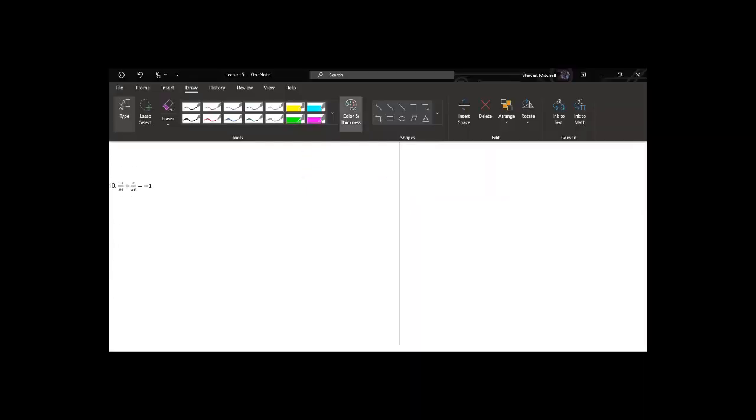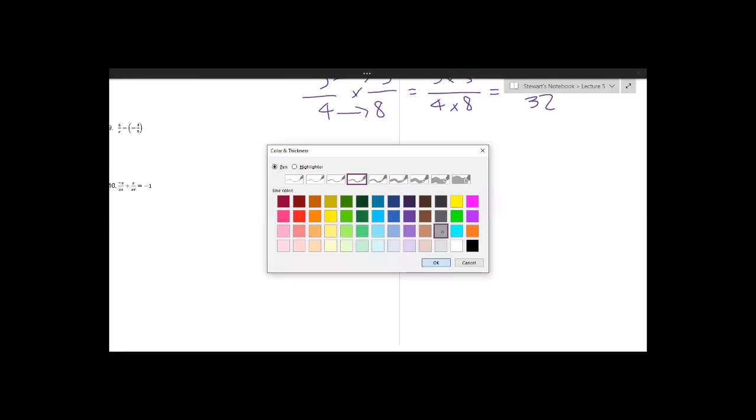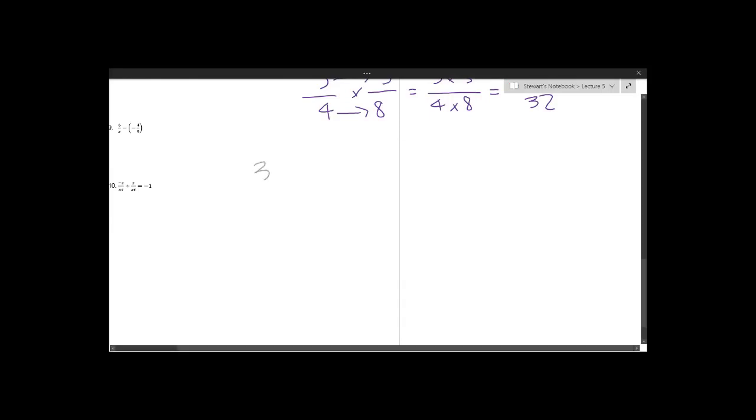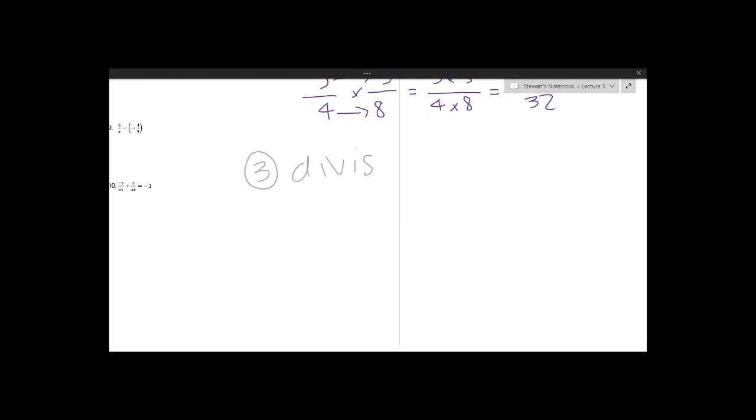Just as a nice quick concrete example, the last operation to consider is division. Especially in the case of fractions, multiplication and division are very closely related, because when you're considering two fractions, a over b divided by c over d, the convention here is to multiply by the reciprocal.